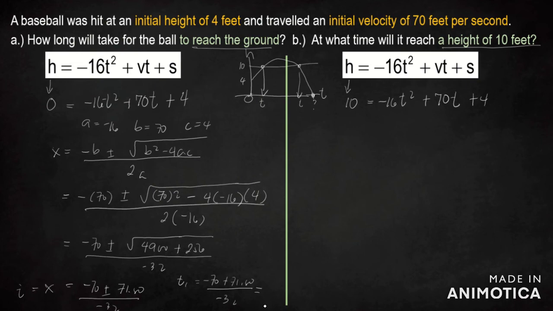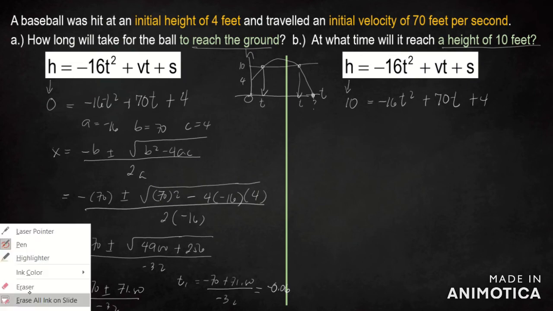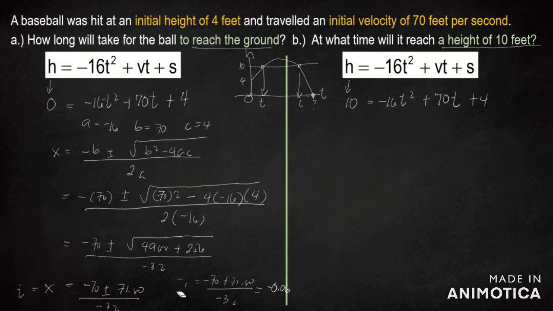Let me check it first with my calculator. You have negative 0.06. Now, time cannot be negative, so this is not our solution. This will not be used as a solution in solving the problem.